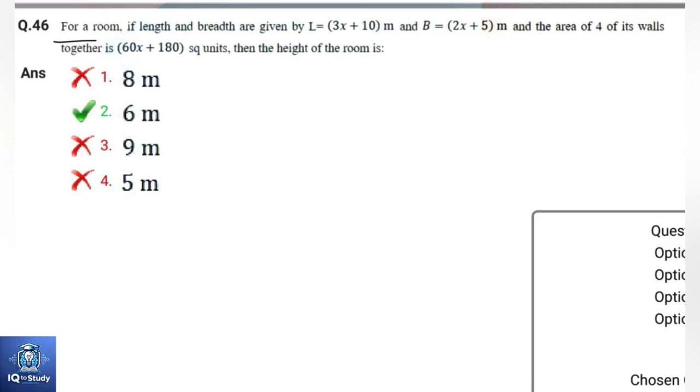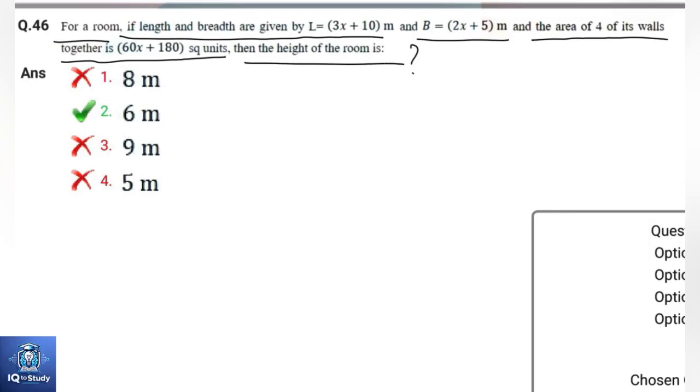For a room, if length and breadth are given by L is equal to 3x plus 10 meters and B is equal to 2x plus 5 meters, and the area of its 4 walls together is 60x plus 180 square units, then the height of the room is?